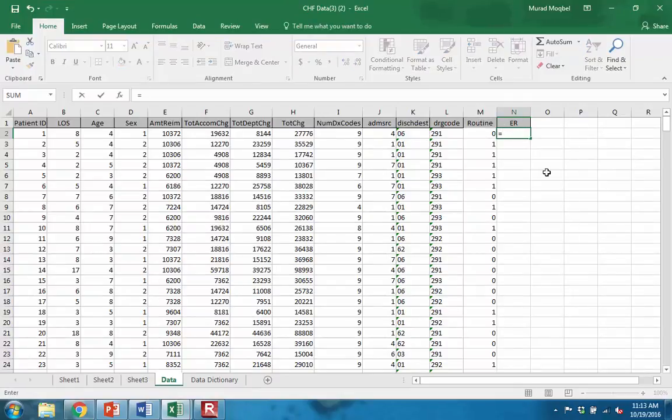So I'll say if admission source equals, since it is numeric, it's not text, those cells, I will not put quotation marks. So if the cell in column G equals 7, then I'll code it as 1. If not, then I'll code it as 0.